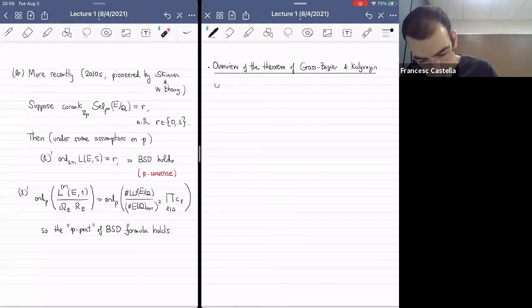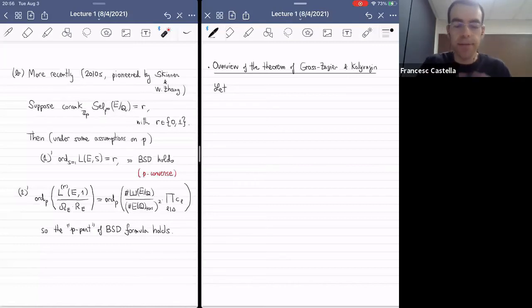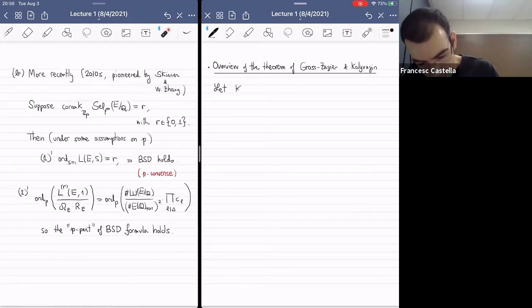This statement was about elliptic curves over the rationals, but the way the proof is going to go is by working over an auxiliary imaginary quadratic field K. So let's take K to be Q adjoin the square root of D for some negative square-free integer D.